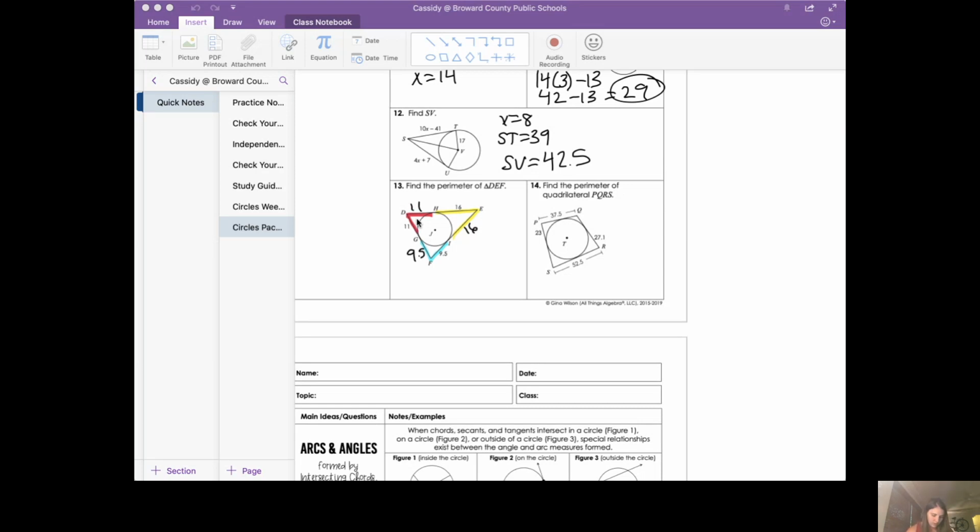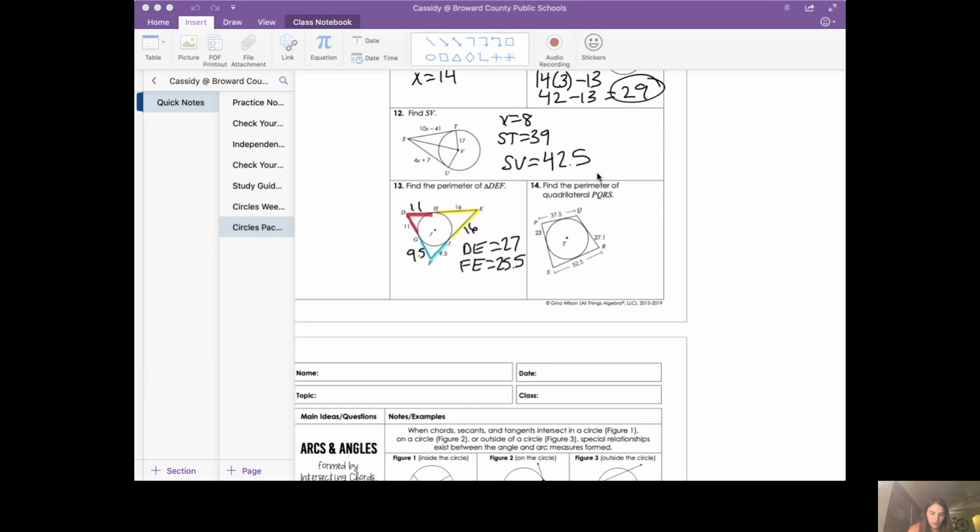Now we just need to figure out the sides. DE is just going to equal 11 plus 16, which is 27. FE is just 16 plus 9.5, which is 25.5.